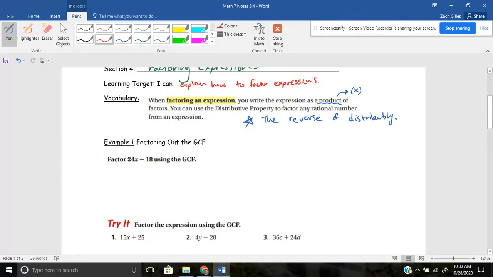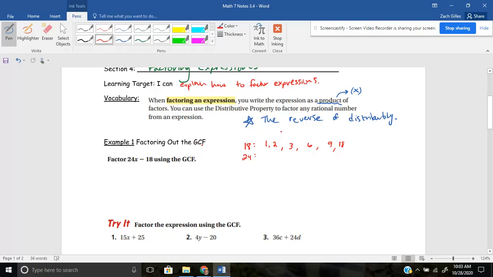All right, so let's try to factor this expression. It says factor 24x minus 18 using the GCF. Remember, the GCF stands for the greatest common factor. One way we found the greatest common factor is the list method. Factors of 18 and 24. Remember, factors are numbers that multiply to get this number. So for example, 1 times 18, 2 times 9, 3 times 6.